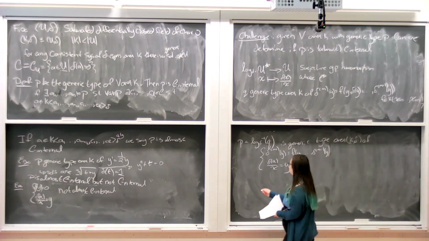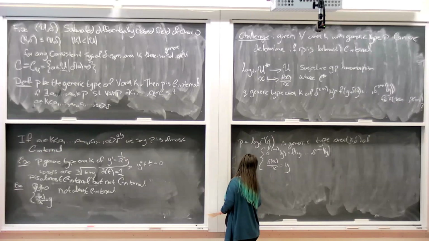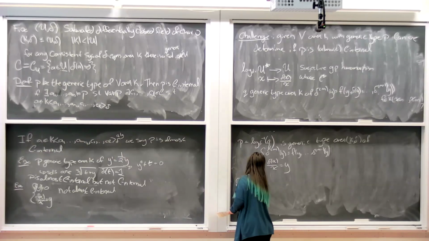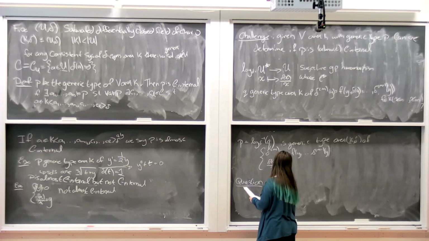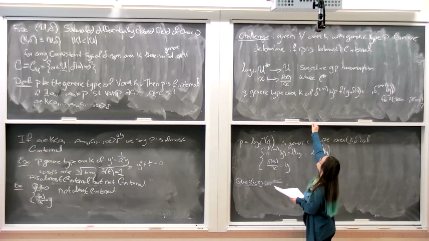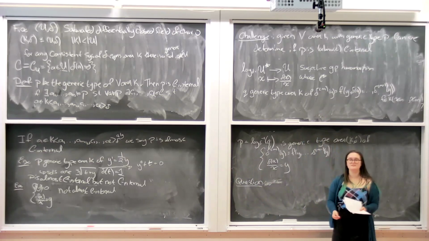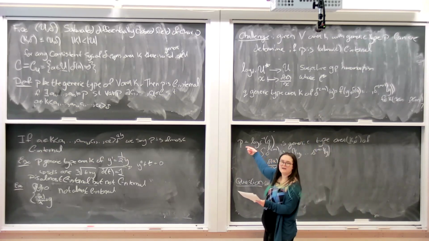Okay, so now a sub-question that we can look at is: if we already know that the type we're looking at is internal to the constants, then when is this pullback internal?